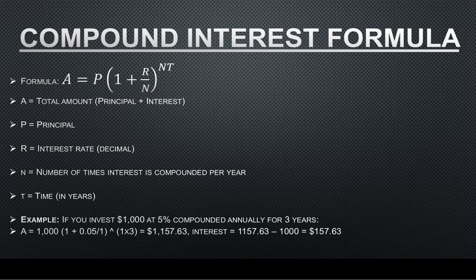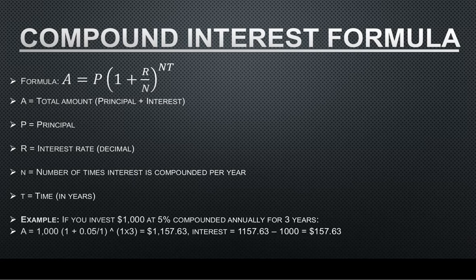So for instance, let's take the same amount of money that we used for the simple interest and see what will happen if we invest at compound interest, compounded annually for 3 years. When you insert the values and do the calculations, we're going to have an amount of 1,157.63.